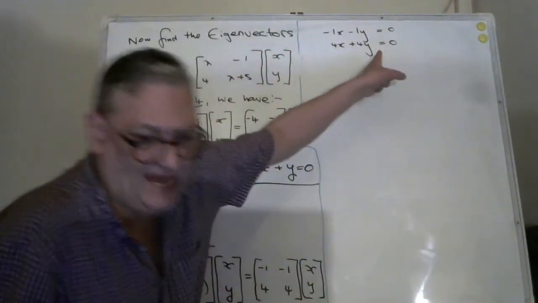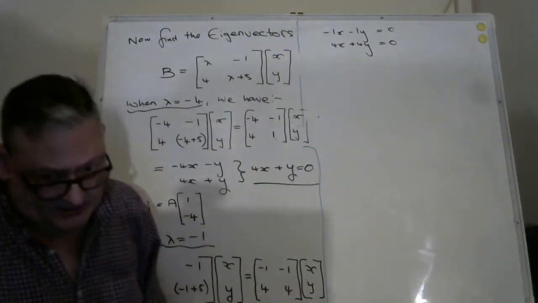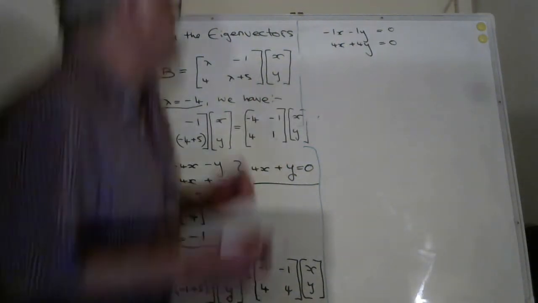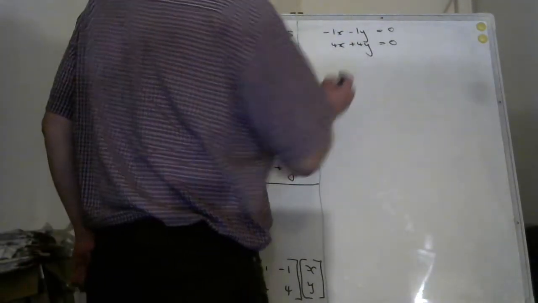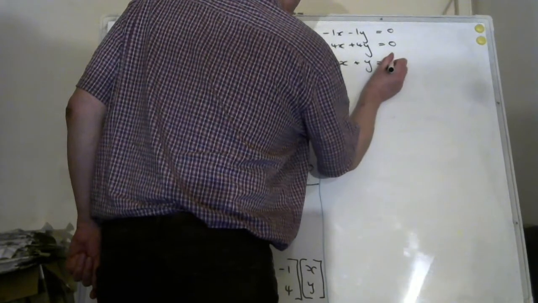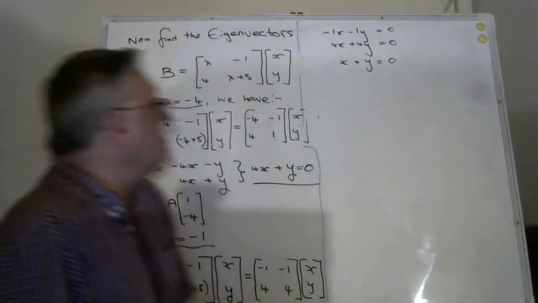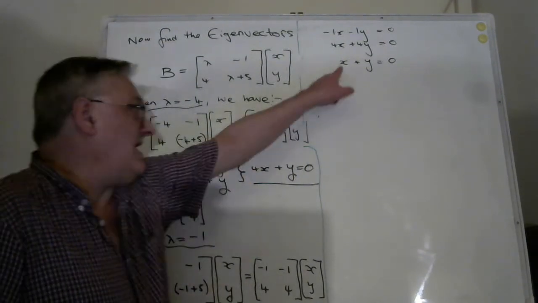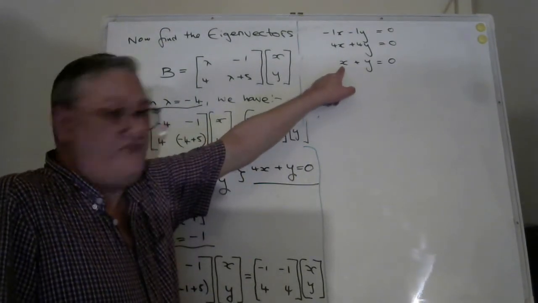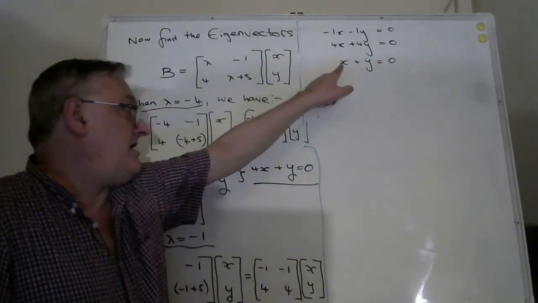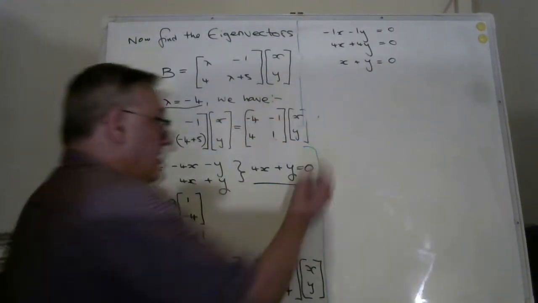So I'm writing it out here, whereas I didn't write it out for you before. So we've got these two equations which are clearly multiples of each other. So we've got x plus y equals 0. So what is an eigenvector for that system? Well, clearly, if you substitute 1 for x and -1 for y, you get 0 on the left-hand side.